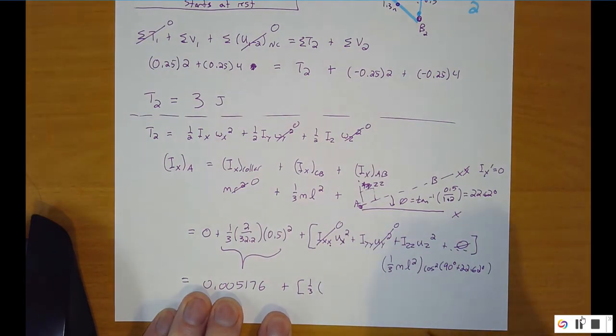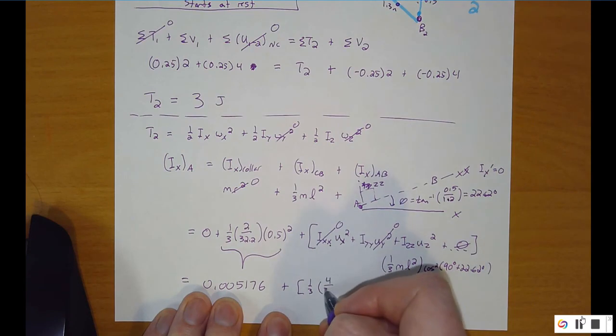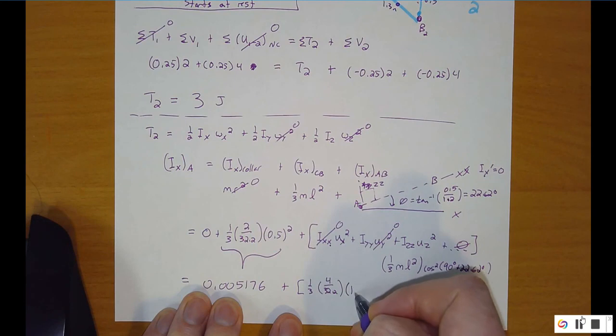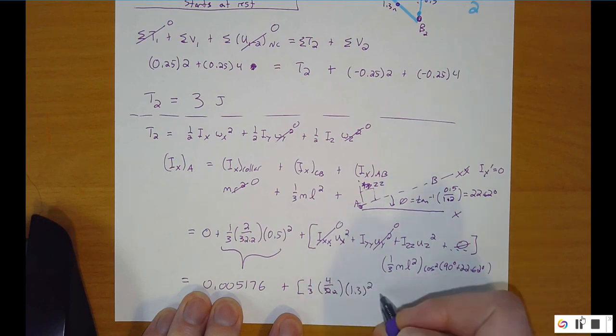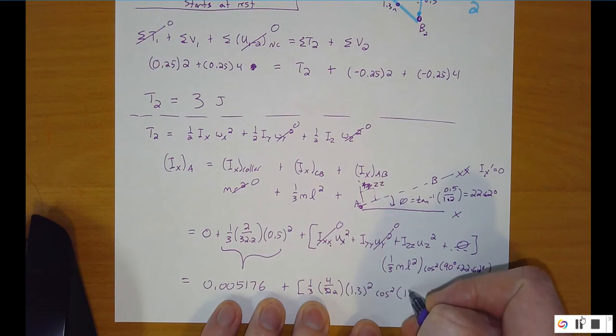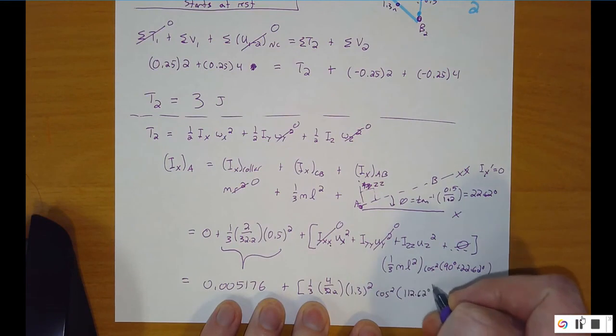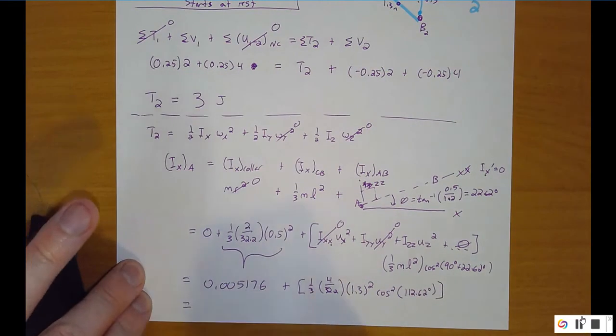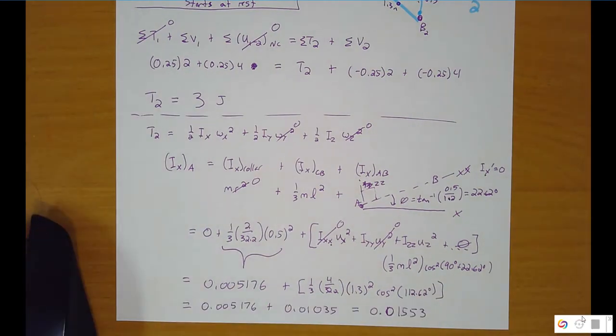So we'll go with a 4 over 32.2. Its length is 1.3. We will square that. We will multiply that by cosine squared of the angle 112.62 degrees. So when you put all of that together, you should get a 0.1553.